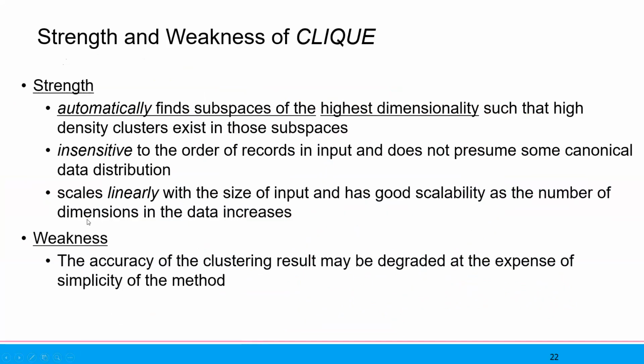So the strength is, we can automatically find the subspace of the high dimensionality, especially if we can see the high density clusters in the subspace. It is insensitive to the order of the records in input and does not presume some canonical data distribution.